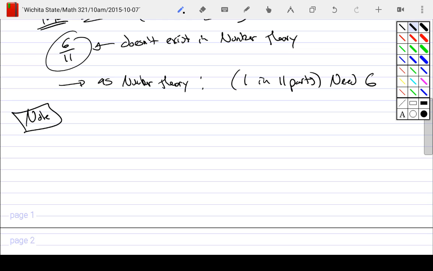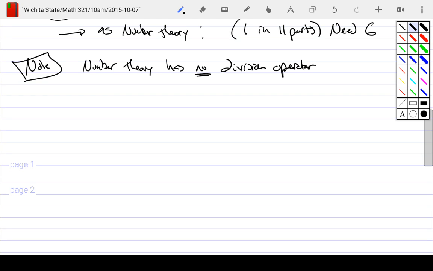A big part of this: number theory has no division operator. Okay? All right, what am I talking about? 2 over 7 versus 2 divided by 7. All those are the same thing, right? All of these are the idea of division.